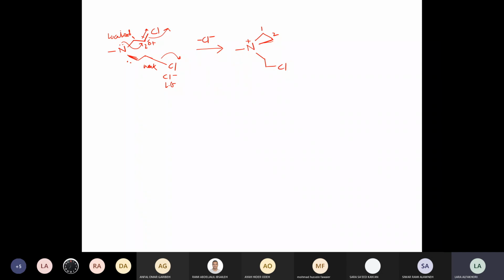Okay, now we consider that carbon 2 here is electrophilic. Now, in this intermediate formed, is carbon number 2 still electrophilic?